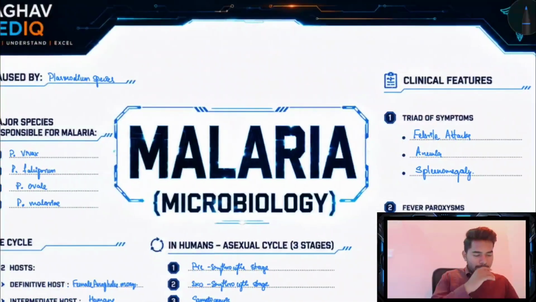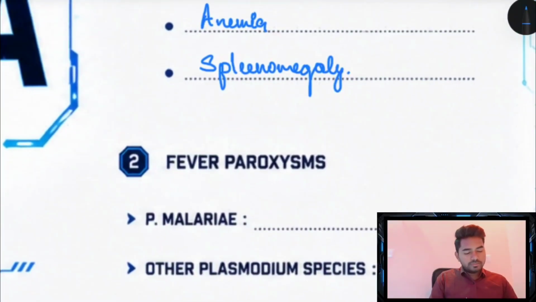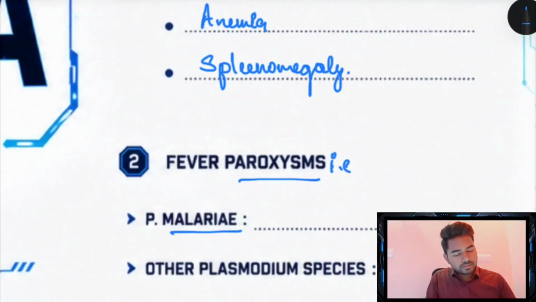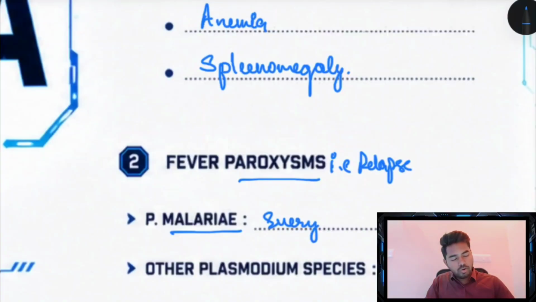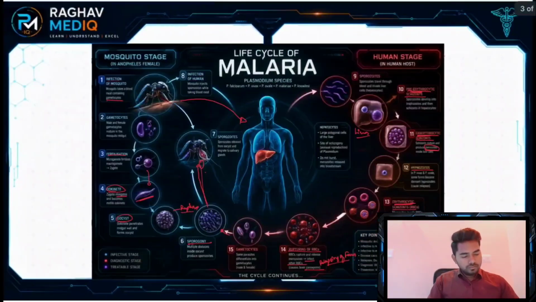Then fever paroxysms: for Plasmodium malariae, the fever paroxysms, that is relapse, occur every 4 days. For other Plasmodium species, it will occur every 3 days. If you want, you can take a screenshot. This also.